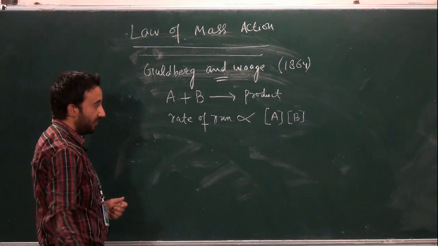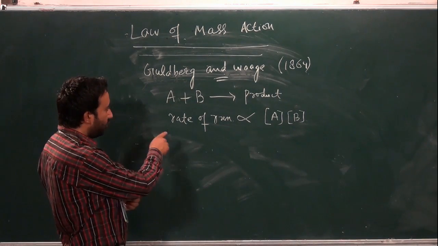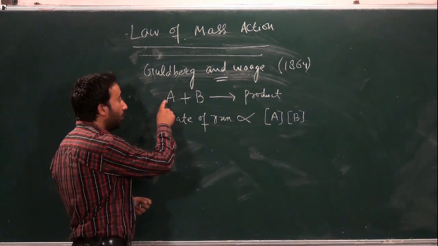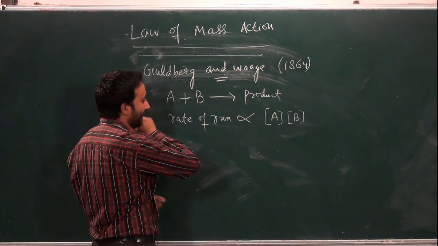This is the law of mass action, which says that the rate of reaction is directly proportional to the product of the molar concentrations of the reactants A and B.